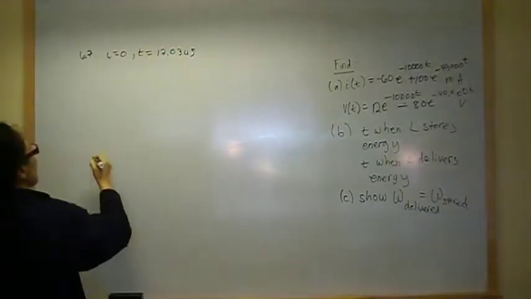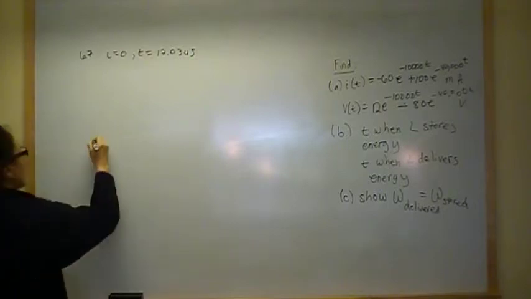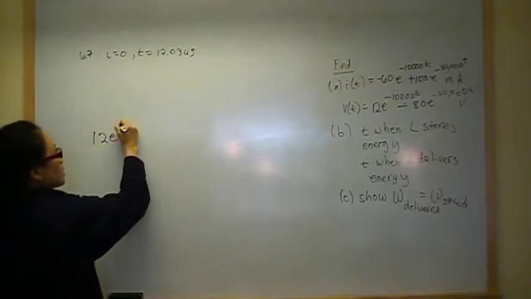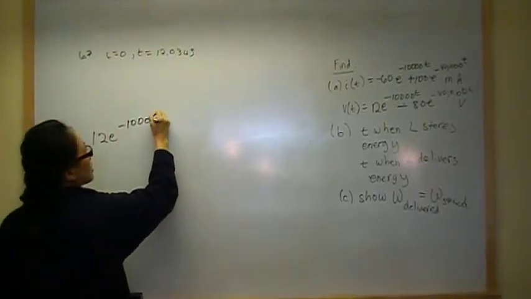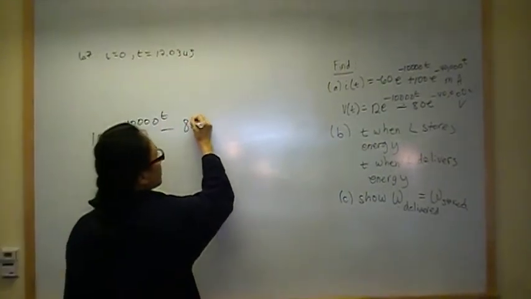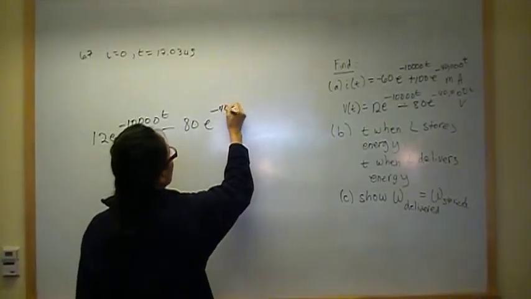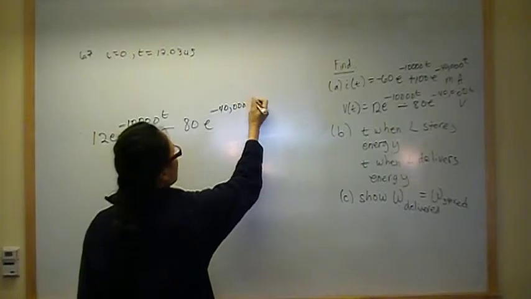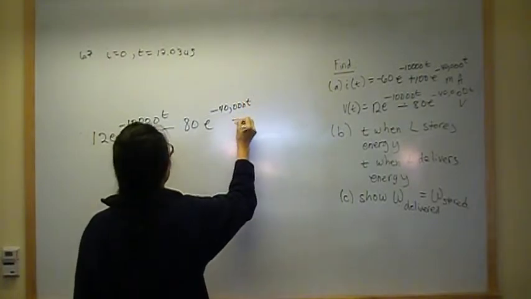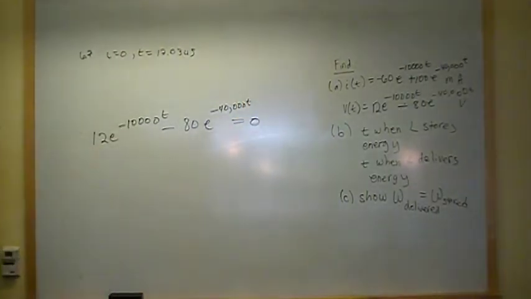Voltage crosses 0. So we're going to set voltage equal to 0. We've got 12 e to the negative 10,000 t minus 80 e to the negative 40,000 t. Set that to 0. We want to know the behavior of this function.